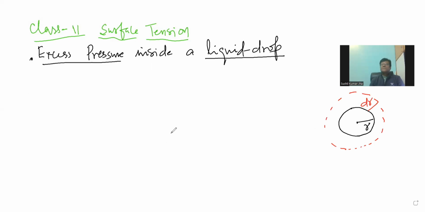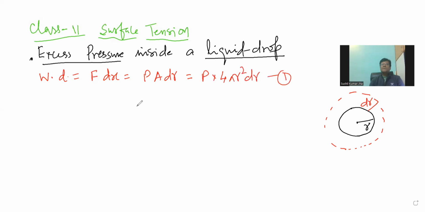So, if we talk about the work done, then work done basically we write force into displacement. Force over here in terms of pressure. So pressure into area into dr. Pressure is P and surface area is 4 pi r square, so 4 pi r square dr. Then how much is the increase in area?